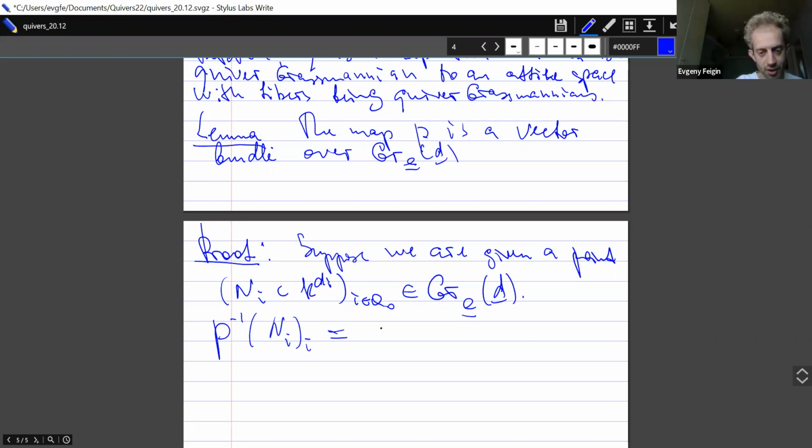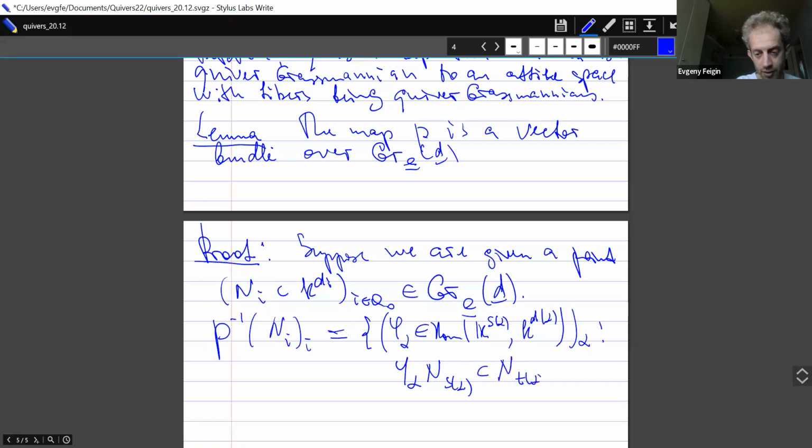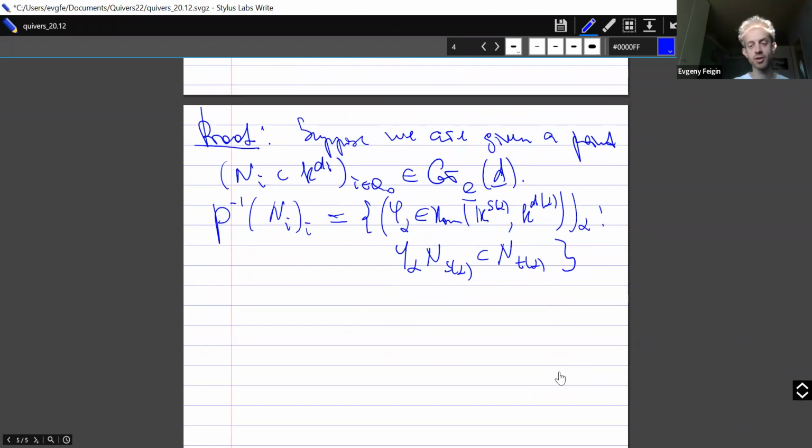So this is the collection of maps phi_alpha from K^{D_{s(alpha)}} to K^{D_{t(alpha)}}, over all alpha, such that phi_alpha of N_{s(alpha)} sits in N_{t(alpha)}. Okay, so what is this space?